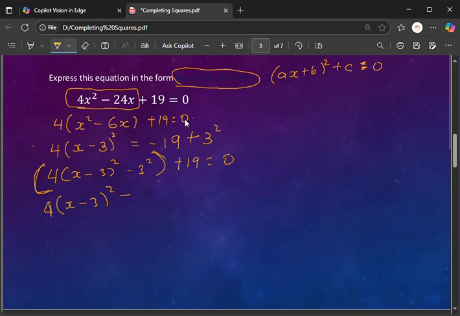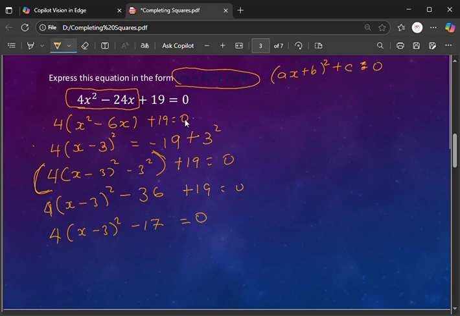You can check on the calculator with me. Negative 9 times 4 is negative 36. So now here we have negative 36 plus 19 equals 0. So now we shall continue. So 4 into x minus 3 whole square minus 17 equals 0. So we have this.